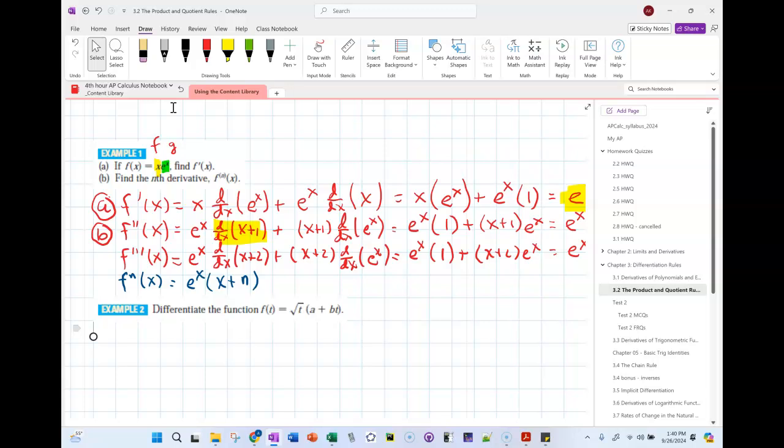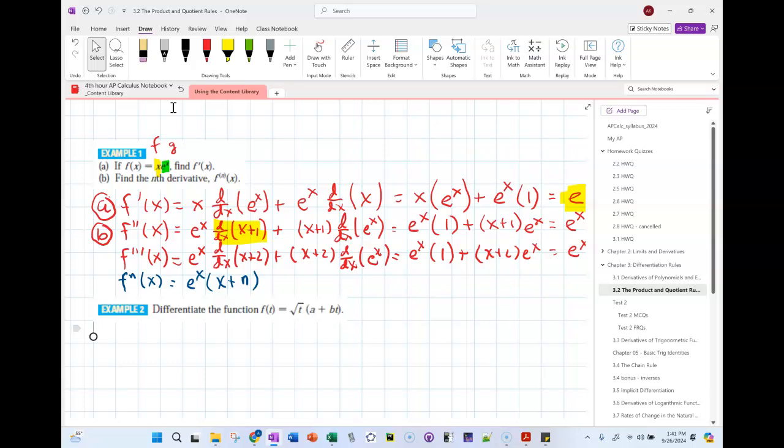Okay, so let's look at our next example. It says differentiate f of t equals square root t times the quantity a plus bt. Now, as this is currently written, I would have to use a product rule on this, right?